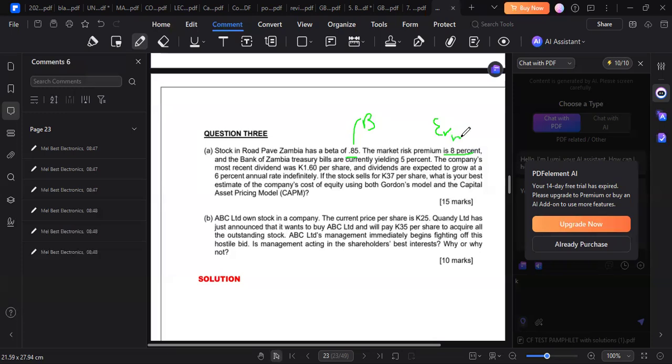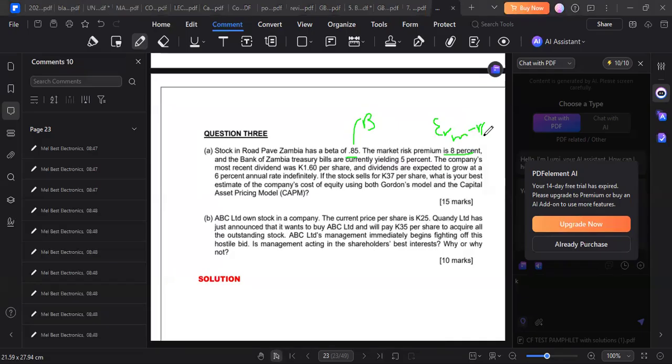Remember the formula for the Gordon's, the CAPM model, right? What is the formula for CAPM model? I'm calculating our cost of equity. Ke is equal to what?